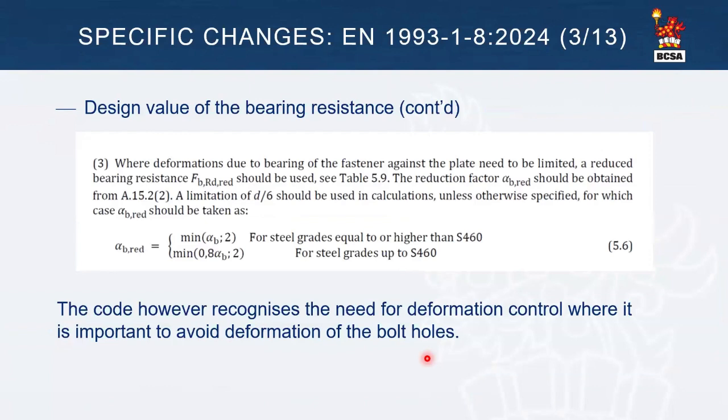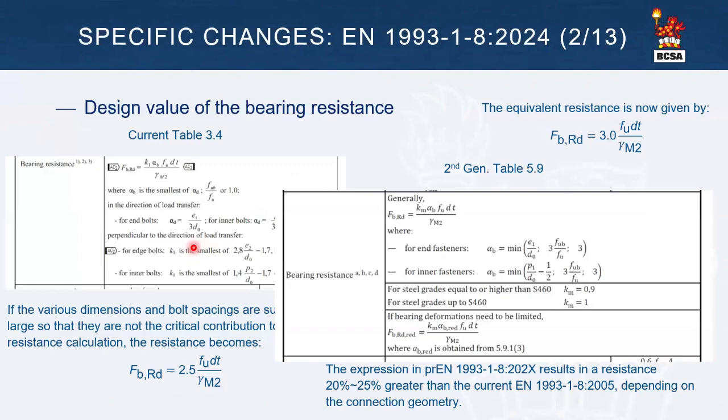So this paragraph explains how to compute this reduction factor, which again depends on the steel grade. This reduction factor can be obtained from A.5.2.2, which is for the component bolts in bearing, and it proposes as a default a limitation of deformations to bolt diameter over 6. So this coefficient alpha_b is given in the previous table I've shown.